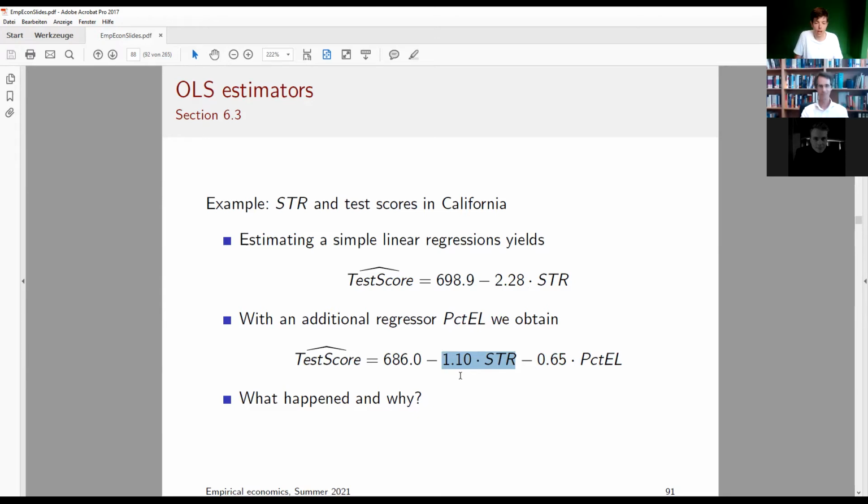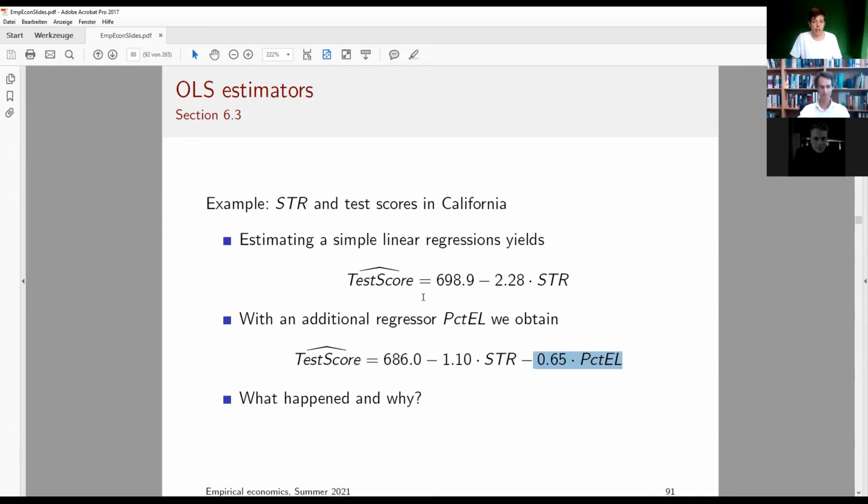So we have a much smaller influence now, and that's obviously because test score and the percentage of English learners were correlated. And on the other hand, as we can see here, we observe an influence of English learners percentage on test score. So we had a very strong and very significant omitted variable bias in that very first regression.